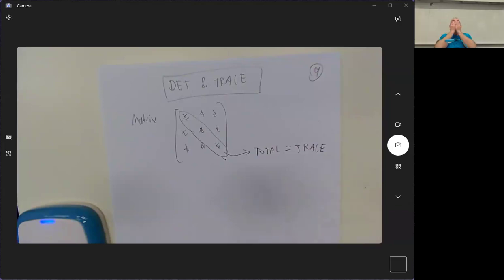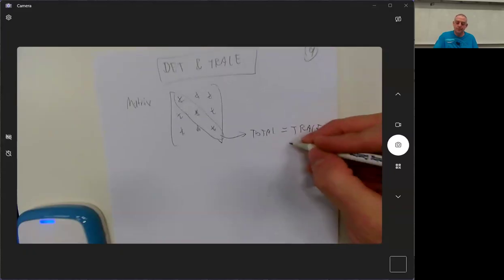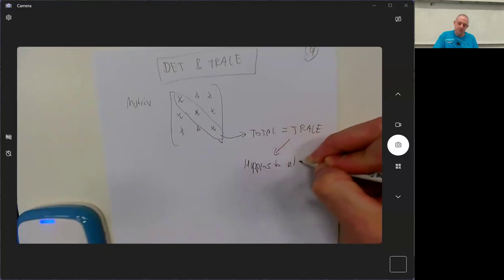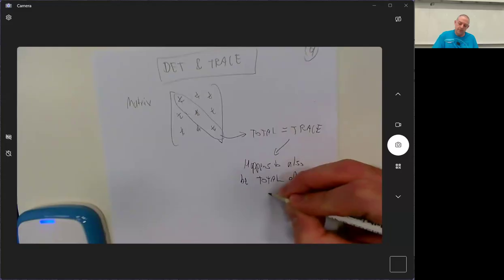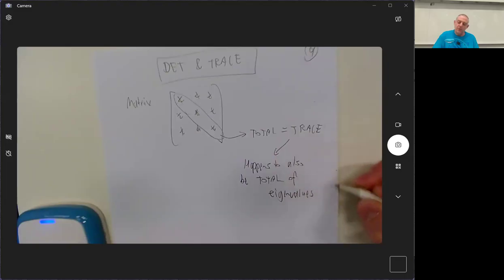But this is the stupidity of it, and the wonder of eigenvalues: if you add up the eigenvalues, you get the same answer as if you add up these. It happens to also be the total of the eigenvalues, which was thoroughly unexpected.